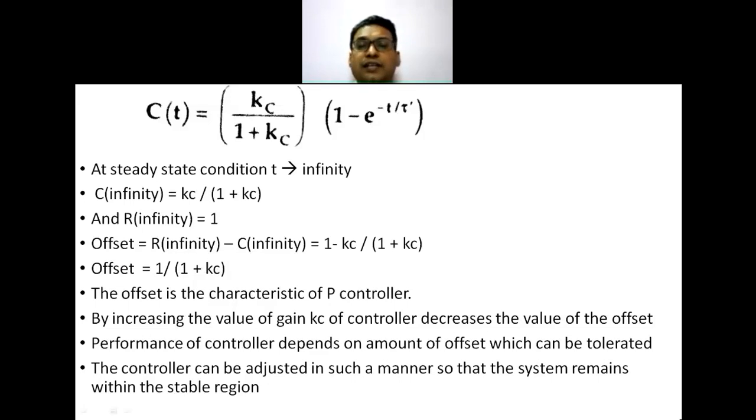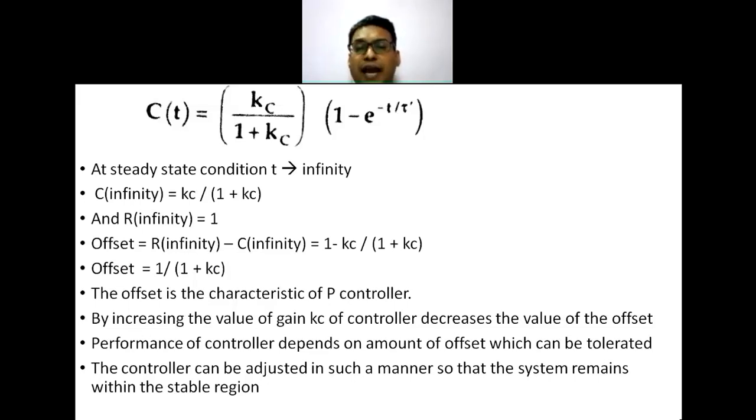That is where I have to adjust, or where I can accept or tolerate the value of offset; up to that point I can increase the value of Kc.